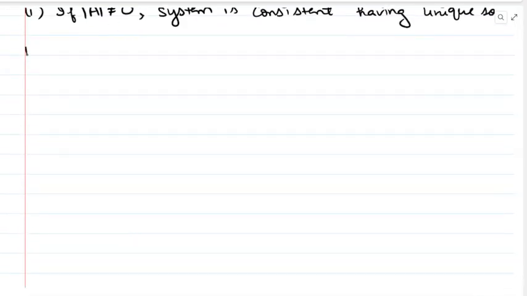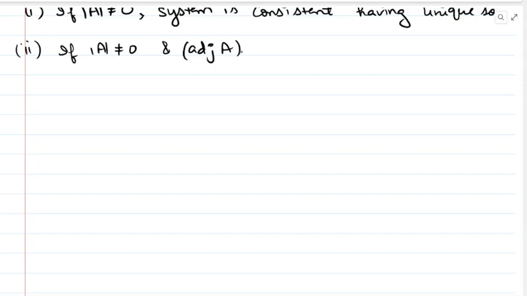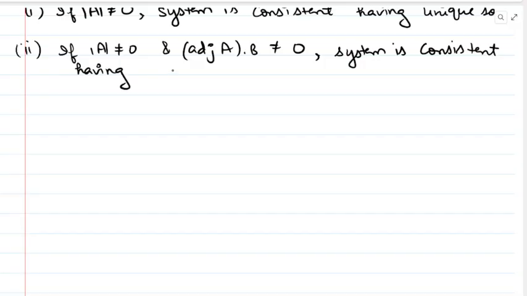Second is, if determinant of A is non-zero and adjoint of A into B is not null matrix, system is consistent, having unique non-trivial solution.